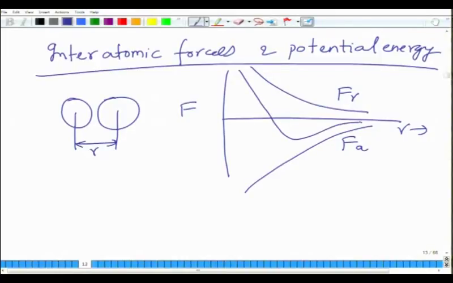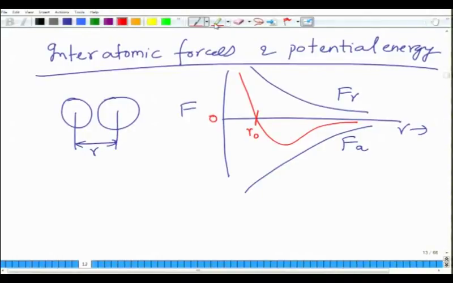So, this is the stable configuration. A stable configuration is at a distance r naught at which the force is equal to 0. This is the 0 value. Okay.